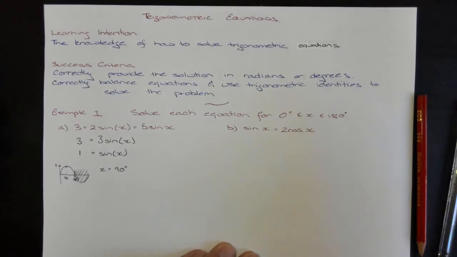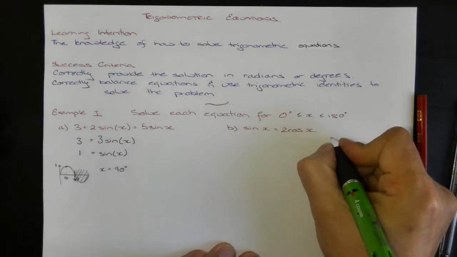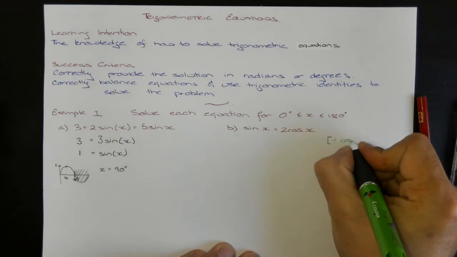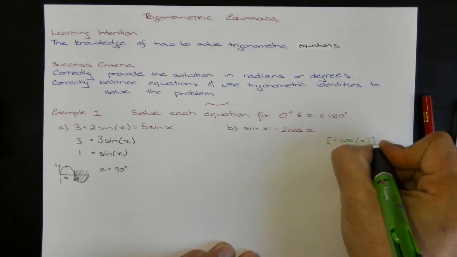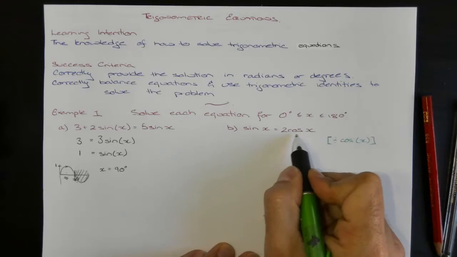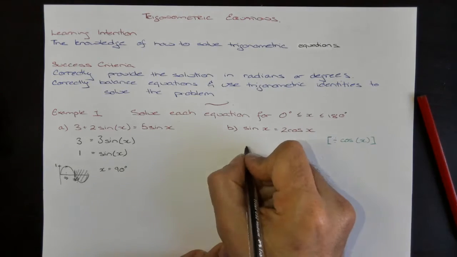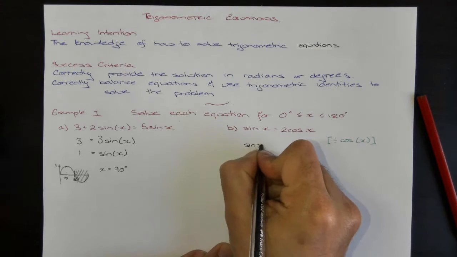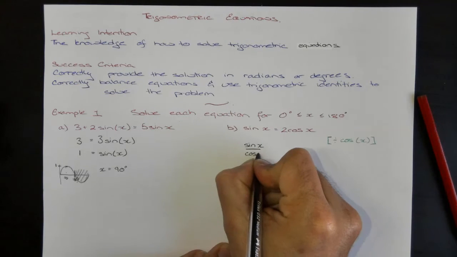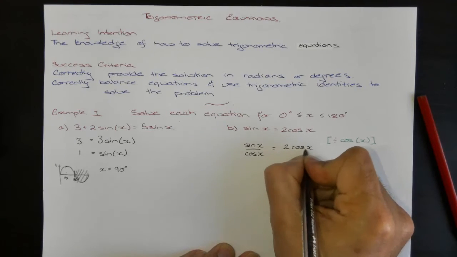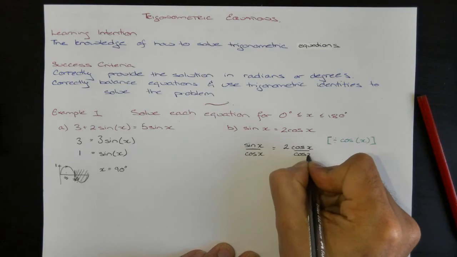One way we could is to divide both sides by cos of x. So sine of x divided by cos of x equals 2 cos of x divided by cos of x.